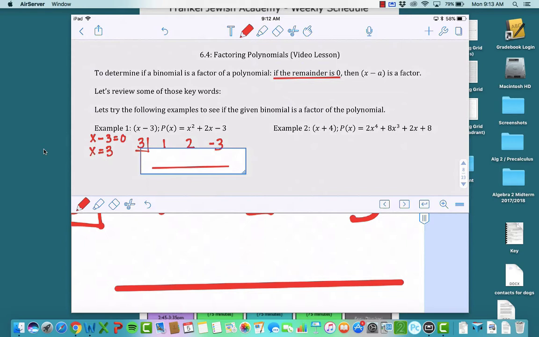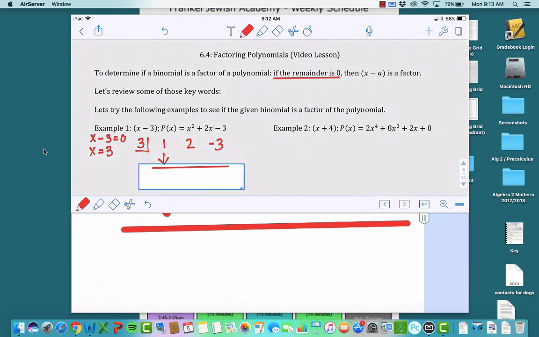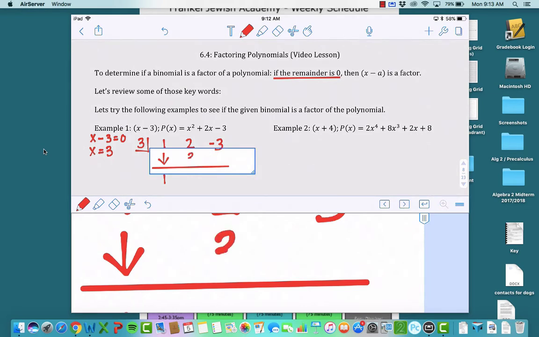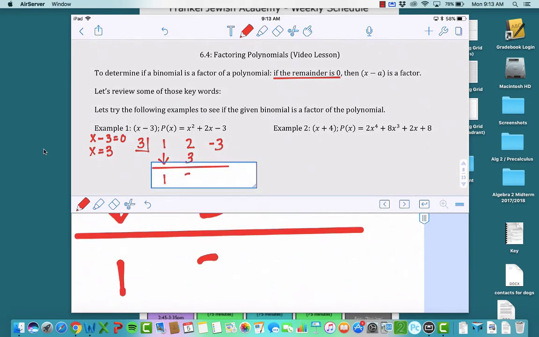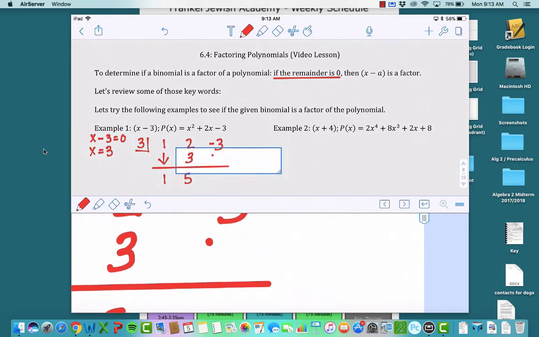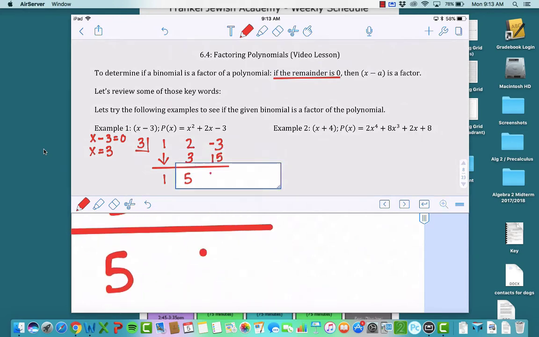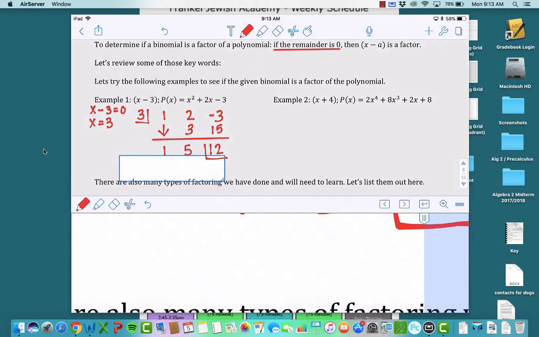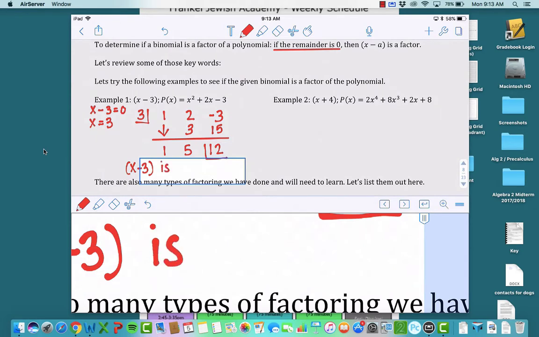If I plug it in, bring down the first value as usual. 1 times 3 is 3. 2 plus 3 is 5. 5 times 3 is 15. Negative 3 plus 15 is 12. So because we got 12 and we did not get 0, x minus 3 is not a factor.